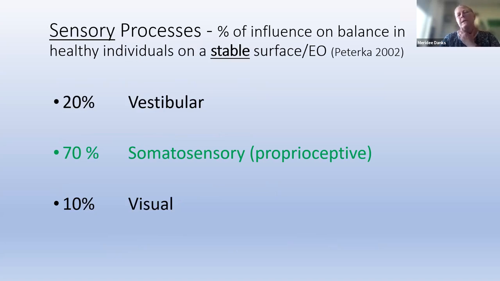So when we're standing still and we have our eyes open, a healthy person will end up using their vestibular system 20%, their somatosensory system where they feel their foot on the ground, that'll be 70%, to help them with their balance, and vision 10%.